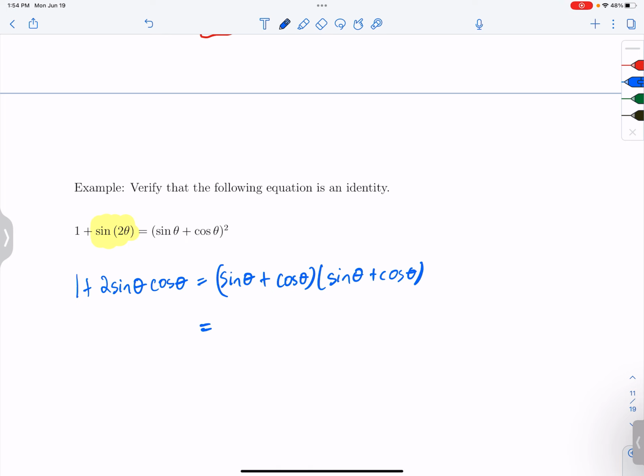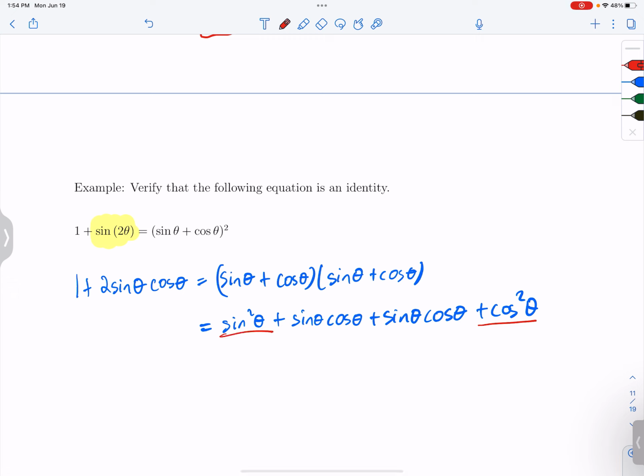Okay, so on the right hand side, I'm going to distribute this out: sine squared of theta plus sine theta cosine theta plus sine theta cosine theta plus cosine squared of theta. And cosine squared of theta plus sine squared of theta, that's the Pythagorean identity, and that's going to equal 1 here.